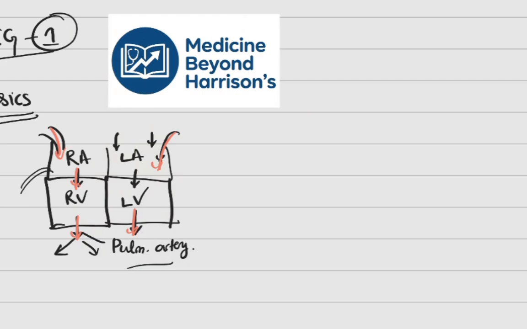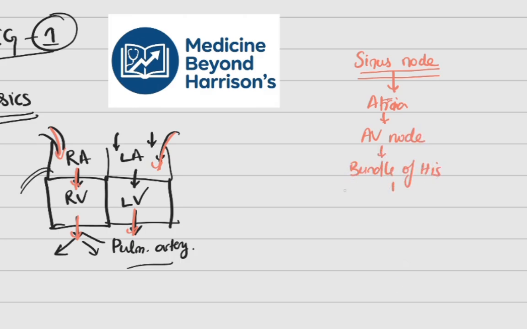Then we already know all these chambers have the conduction system. The basic understanding of the conduction system is that the sinus node is present in the right atrium, which supplies the atria, then the AV node, then the bundle of His. From there it splits into the right bundle branch and the left bundle branch.